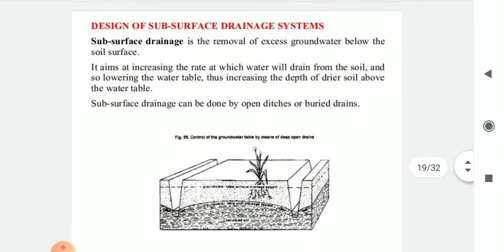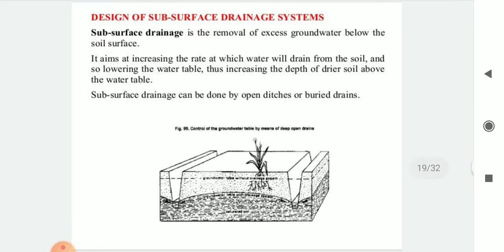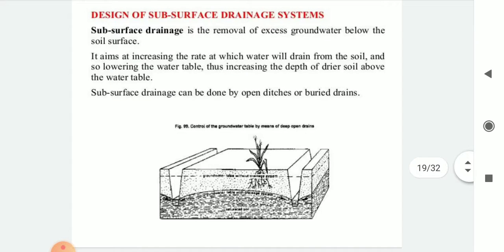Design of subsurface drainage systems. Subsurface drainage is the removal of excess groundwater below the soil surface. It aims at increasing the rate at which water will drain from the soil and so lowering the water table, thus increasing the depth of drier soil above the water table. Subsurface drainage can be done by open ditches or buried drains.